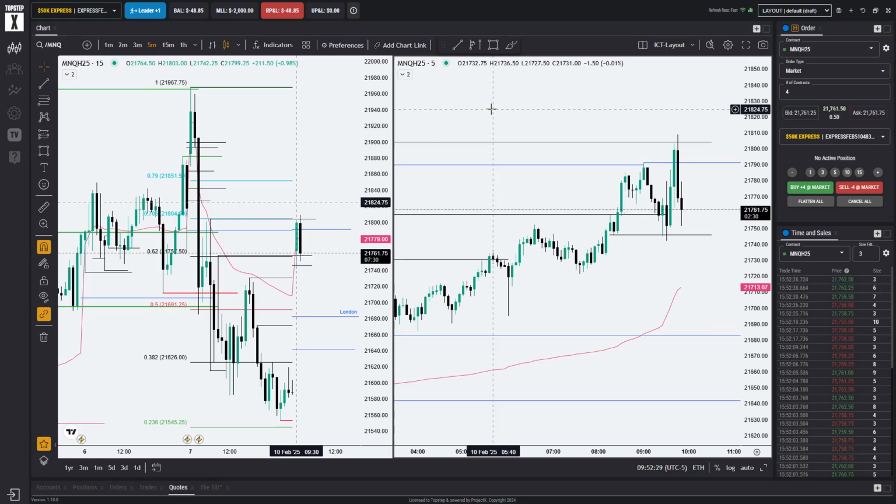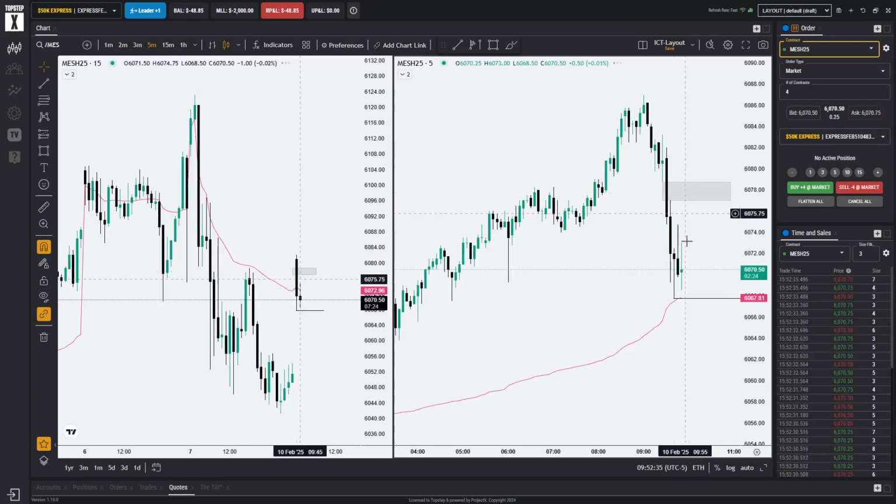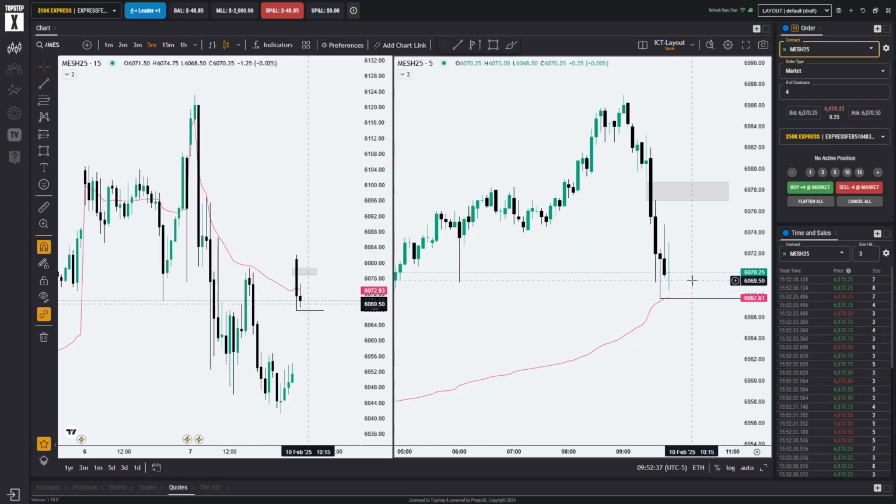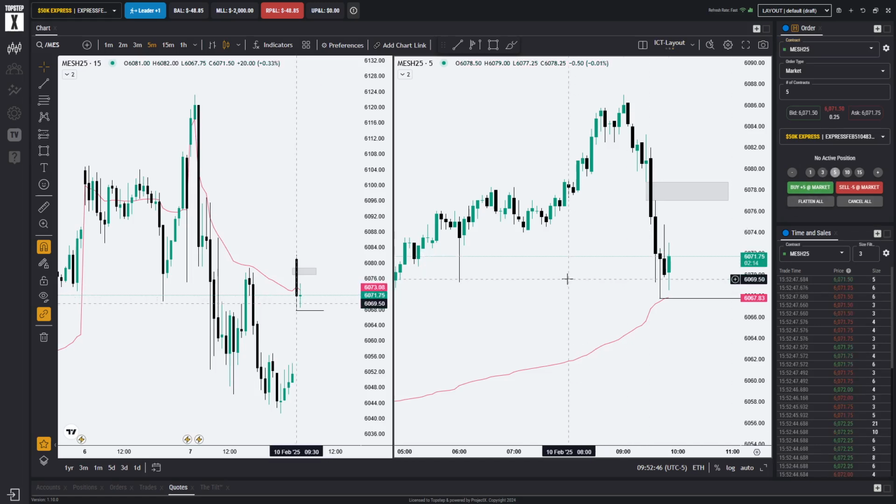Overnight liquidity. Okay, I think now there is a chance that this ES could pump higher.